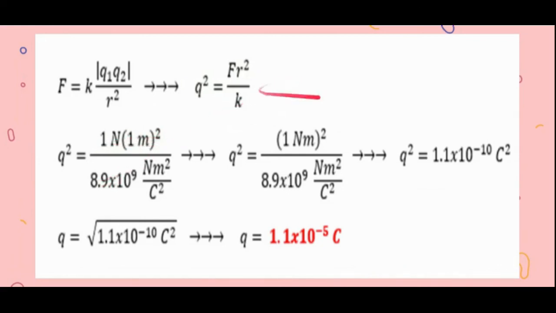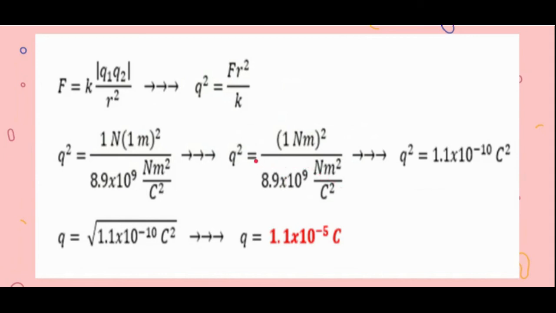If we simplify this one, I did a boo-boo here. This should be 1 meter square, so please don't mind the parentheses here. This should be 1 Newton meter square all over 8.9.